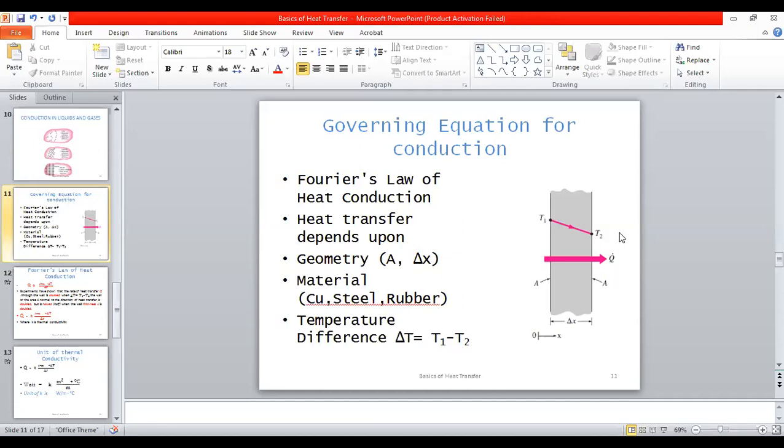Next is the temperature difference. Obviously, when there is more temperature difference, there will be more heat transfer rate. When there is less temperature difference, there will be less heat transfer rate. By studying this, we can combine all the aspects into one equation.